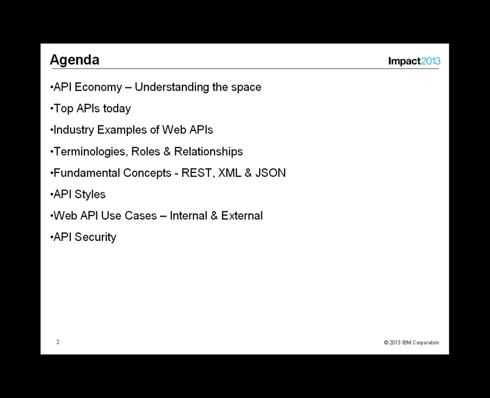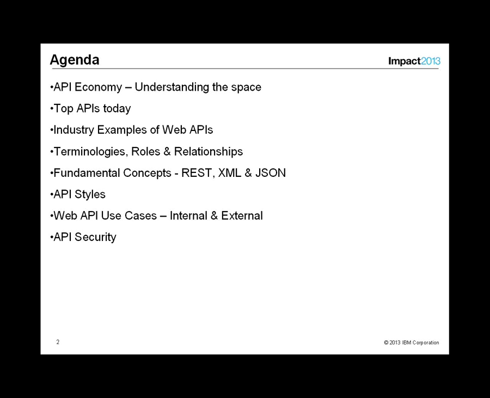I want to run you through some of the examples that are very popular, some industry examples, and then we get into the meat of the topic where I actually introduce you the technical terminologies, the roles and the relationships that are there in this ecosystem, right?